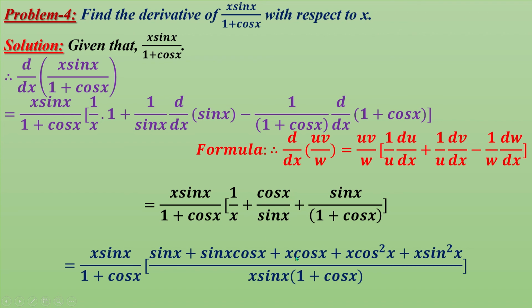That means x cos x plus x cos square x. Clear? And here will be x sin square x. Now here is a common x, and here will be cos square x plus sin square x. But cos square x plus sin square x equals what? 1. Clear? And this cuts.